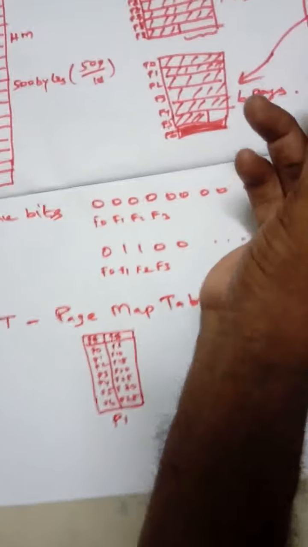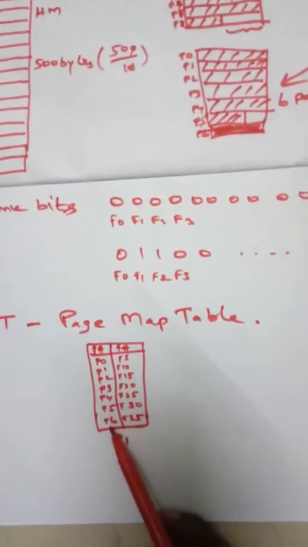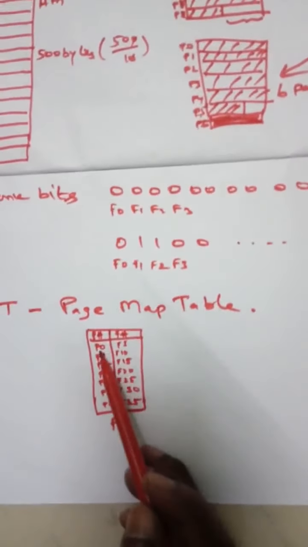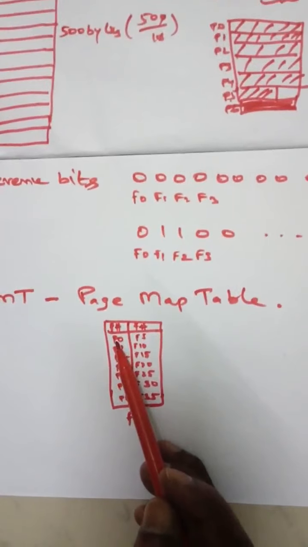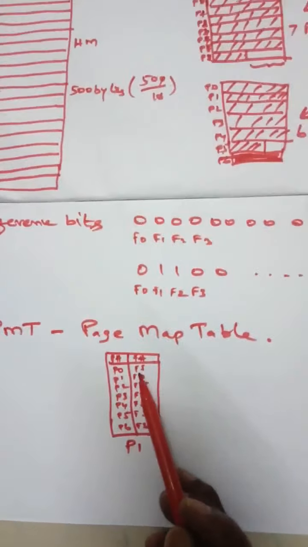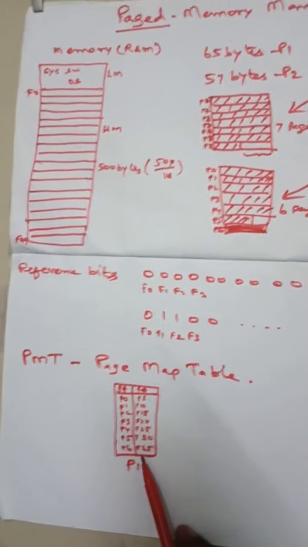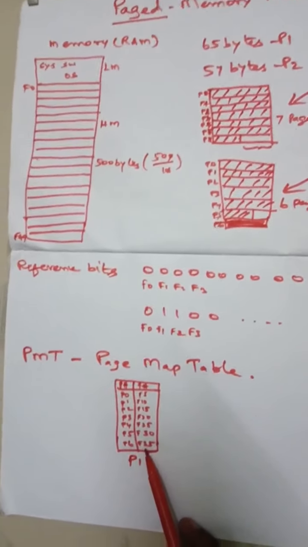So for program P1, there are 7 pages, ranging from P0 to P6. The first page P0 of program 1 is available in frame 5. Likewise, the last page of program 1, P6, is available in frame 35.